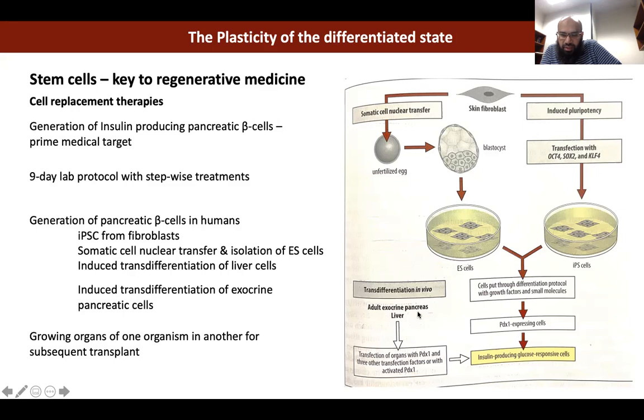So you can change the adult exocrine pancreas or the liver by transfection of organs with PDX1. Like I said earlier, you can overexpress PDX1 in these cells, and then they start expressing the insulin. Or you can also use PDX1 as a protein and add it to the exocrine pancreas cells or the liver cells, and that will convert them into beta cells, the endocrine pancreatic cells.